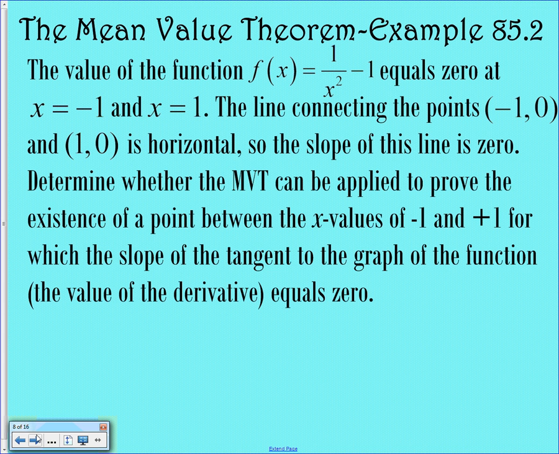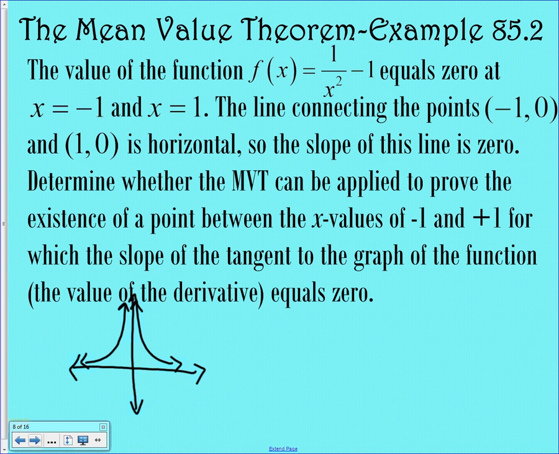So, to use the mean value theorem, we first have to have a continuous function. Well, if we graph 1 over x squared minus 1, 1 over x squared looks like this. The volcano is at the y-axis.